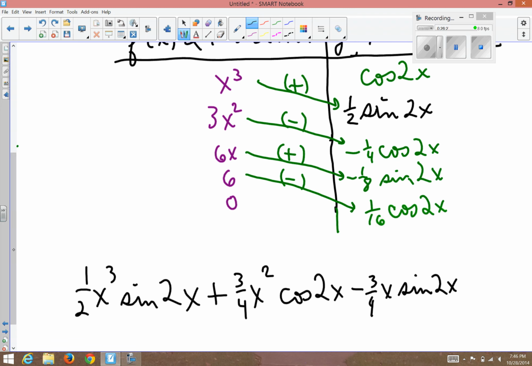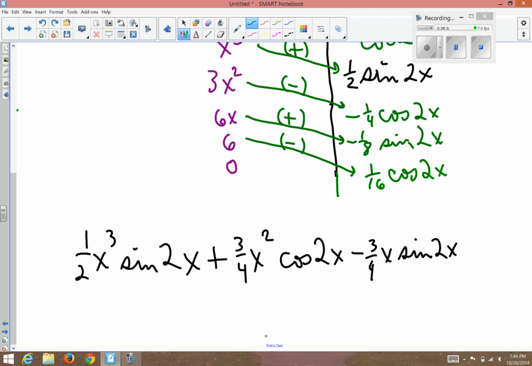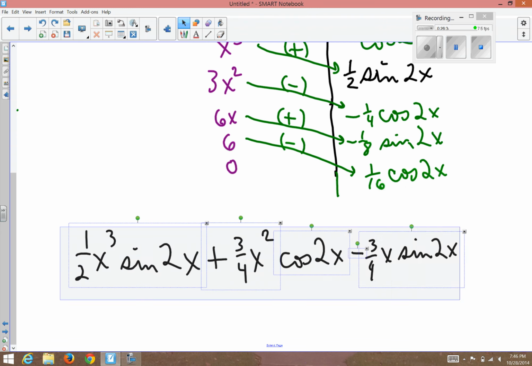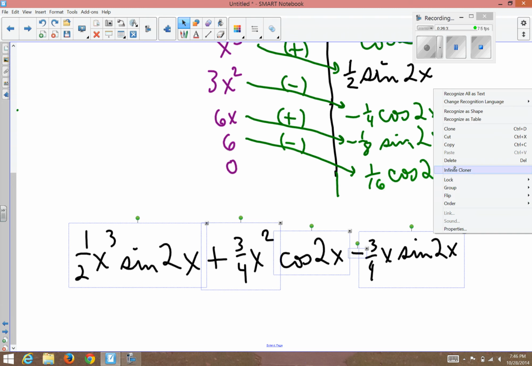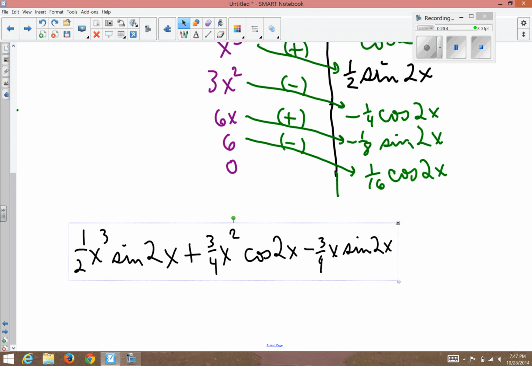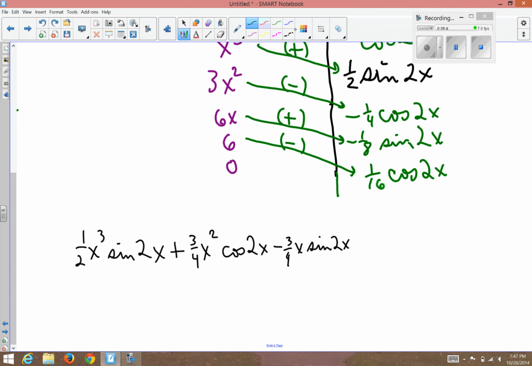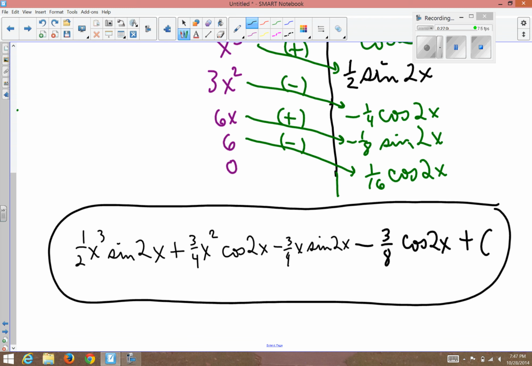That means the last term in this answer, it's negative that times that, so it's negative 6/16, we'll call it 3/8 cosine 2x. And don't forget the plus c at the end. Done.